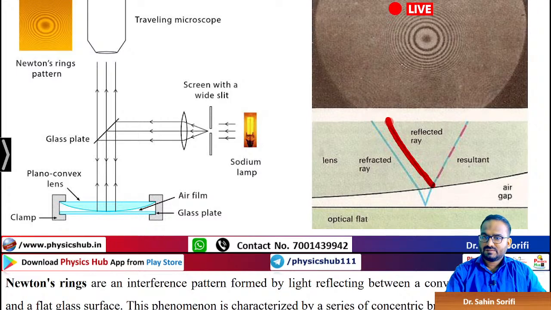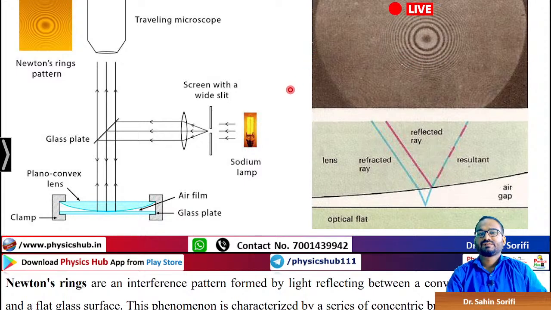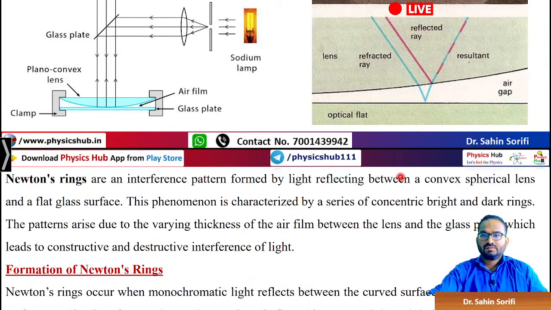So between this ray and this ray there will be a path difference, and because of the path difference you will get this interference pattern. They originate from the same light ray, meaning same frequency, meaning they are coherent. These two light rays are coherent.